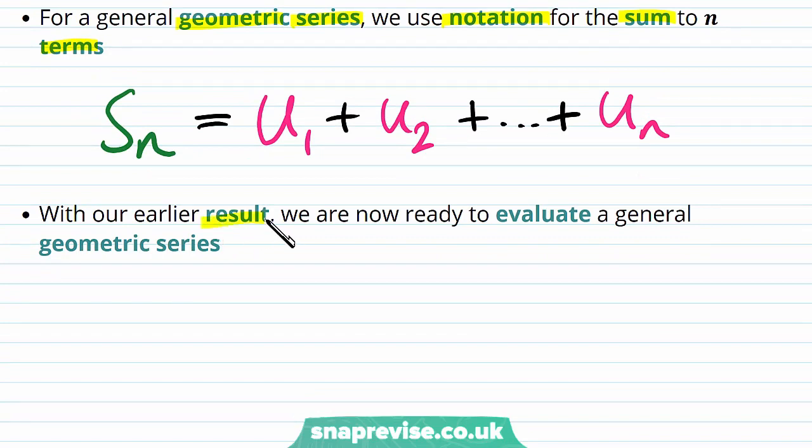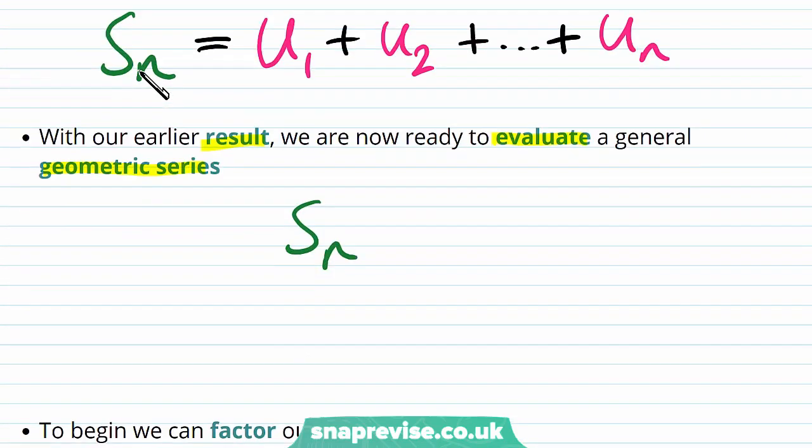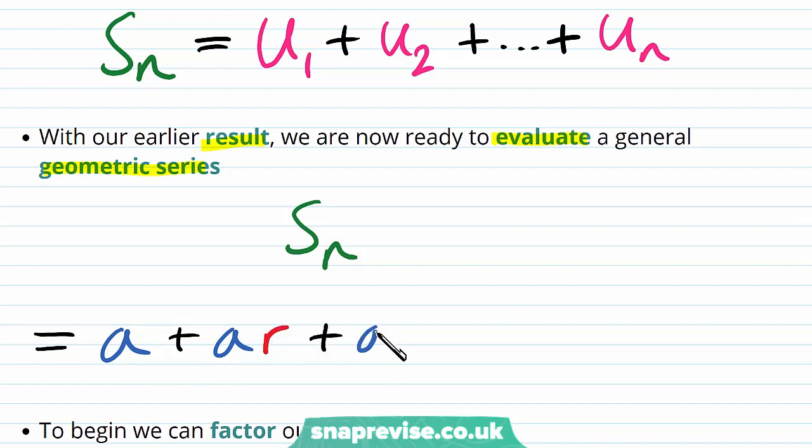With our earlier result, we are now ready to evaluate a general geometric series. In general, our sum is S subscript n, and we have our first term a, and then our second term will be the ar with the common ratio r, and then we have our ar squared, all the way up to our nth term. Now be careful, this is the ar to the power of n minus 1, that's our nth term.